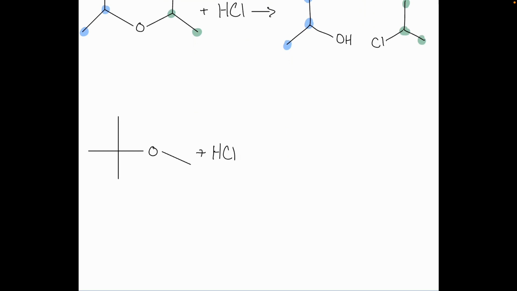If we think about this again, we're going to chop at the oxygen. I'll just color these on one side and the other side, right? So again, we kind of have the opposite of the question we were asking ourselves before, or it's really the same question, but now looking at the opposite reaction. Which half is going to be my alcohol and which half is going to be my alkyl halide? Because I've got two different possibilities, right?